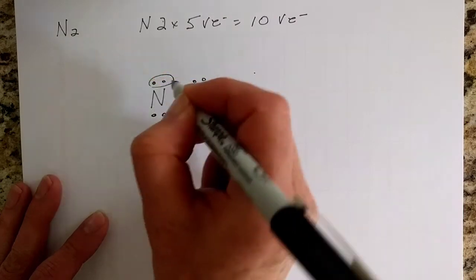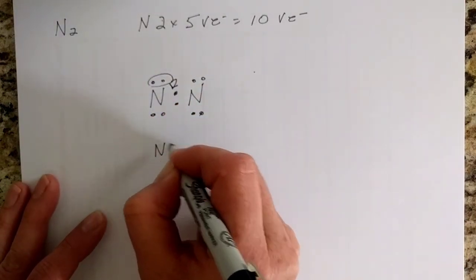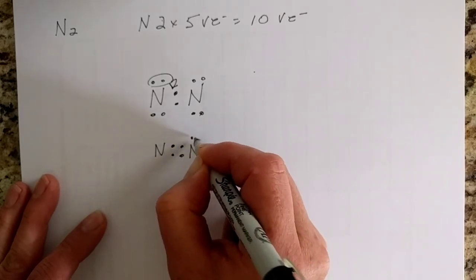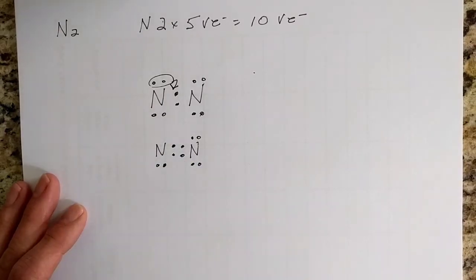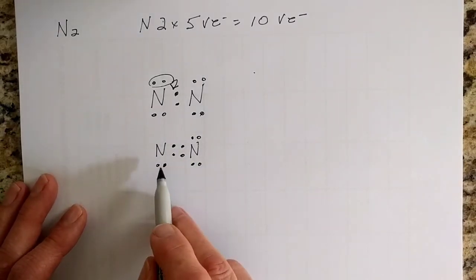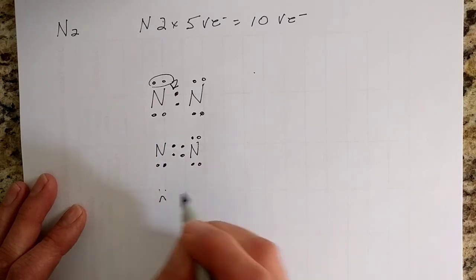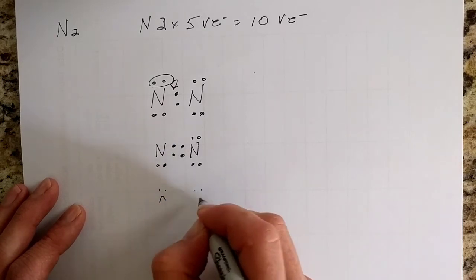So we can move these 2 into the middle, and that would leave us like that. So this nitrogen would have 2, 4, 6. That's still not good. This nitrogen, however, has 2, 4, 6, 8. This nitrogen is good.